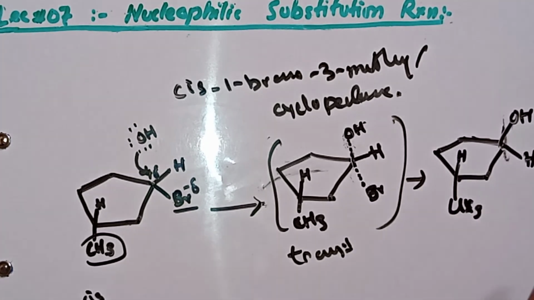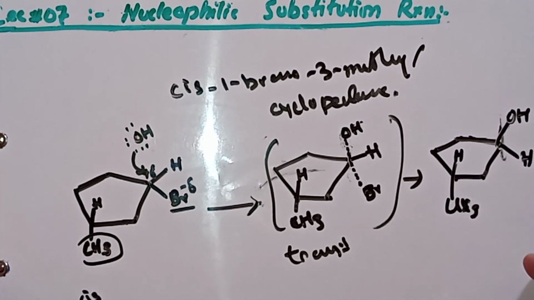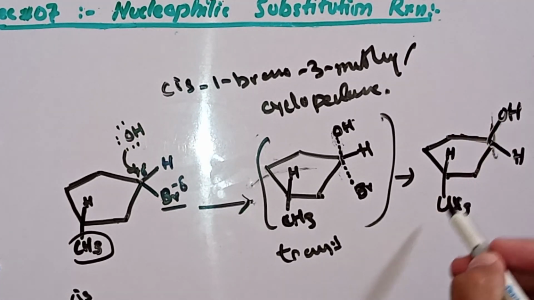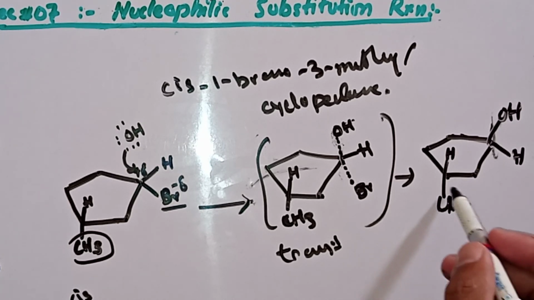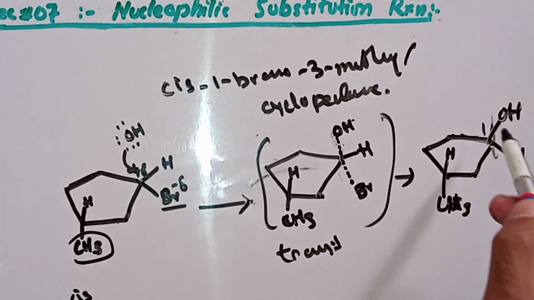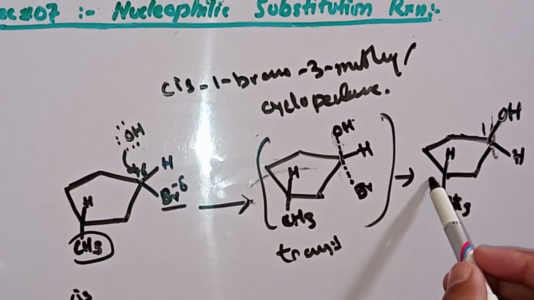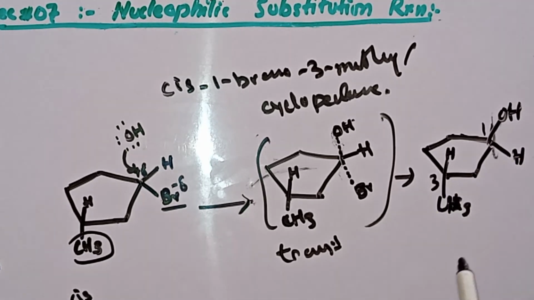So here you can see that the OH and CH3 are on opposite sides. At the first carbon the OH is on the upper side, while at the third carbon the CH3 is on the lower side. That's why it is called trans, because they are opposite in position.